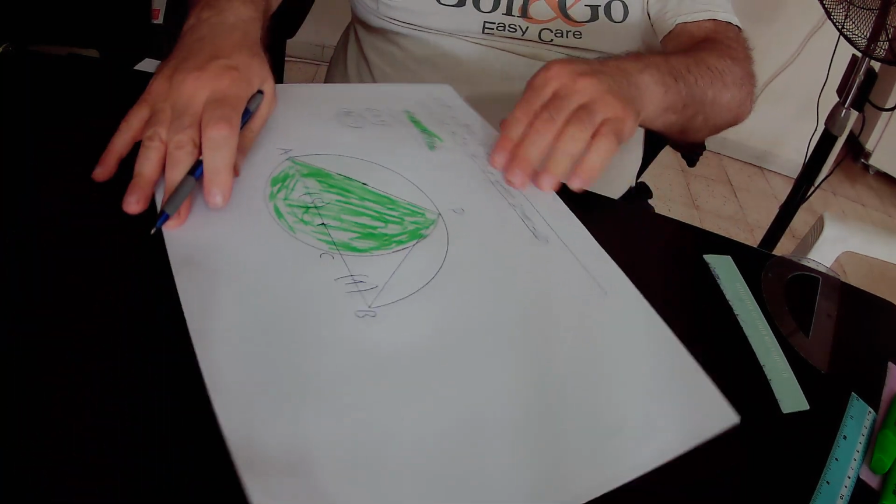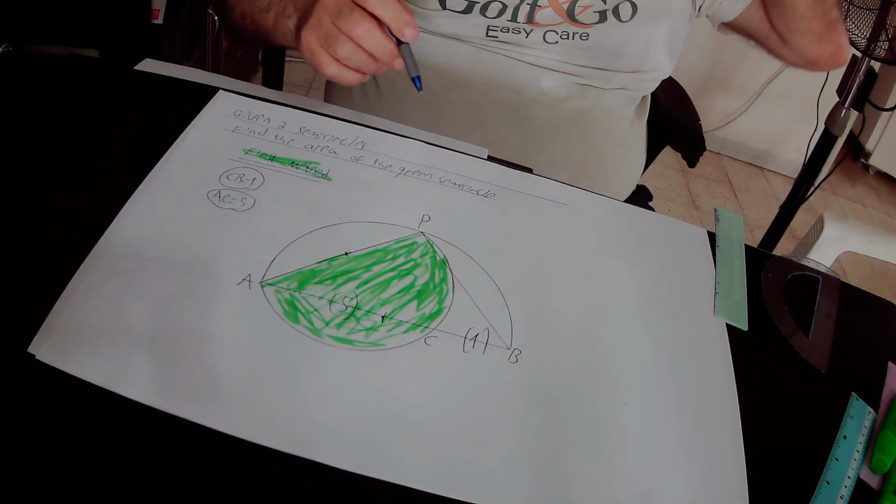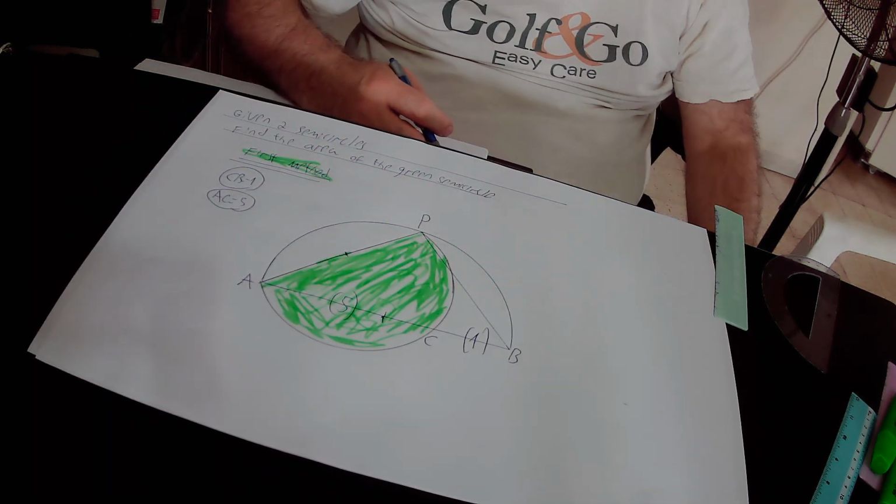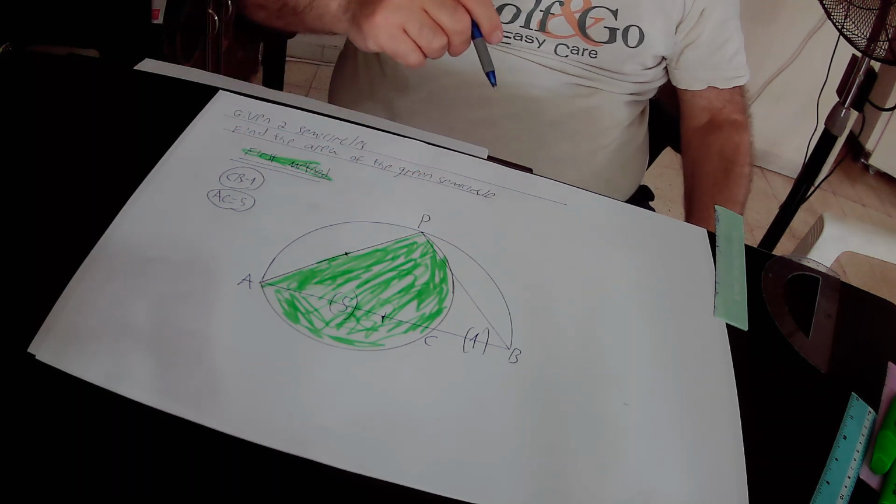In the next step, I'll copy the white semicircle in a new page and we'll implement rule 7 on this white semicircle.